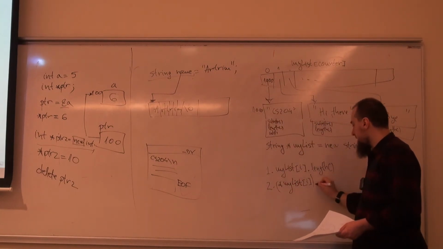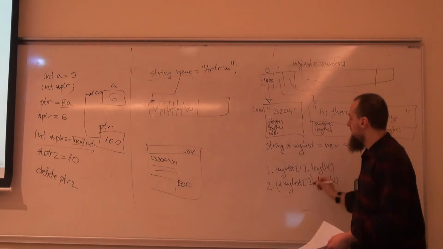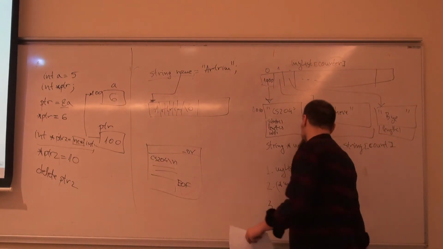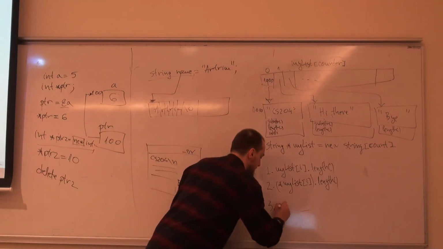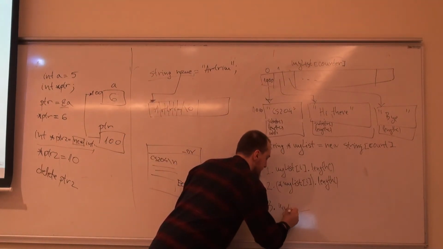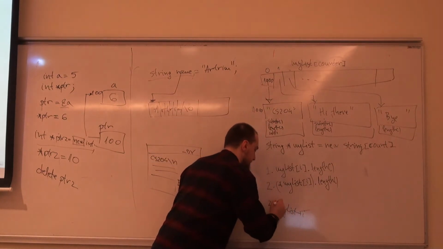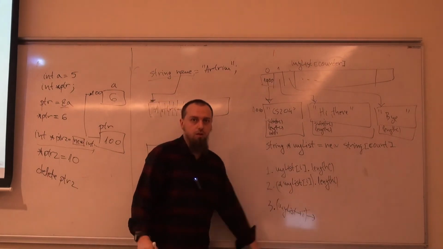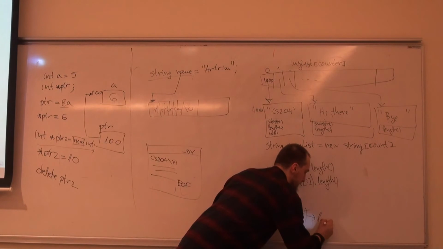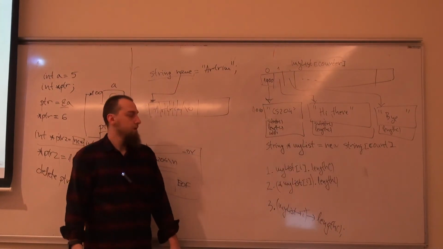If I want to access the length, dot length. There's another way of accessing the length, and for me maybe it's the preferred one: my list plus I, star arrow length. They do the same thing.